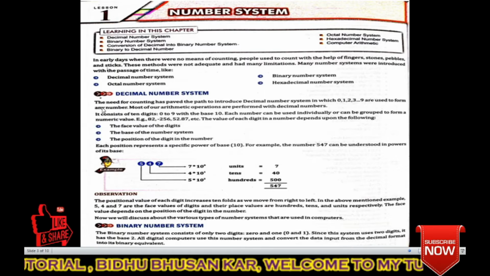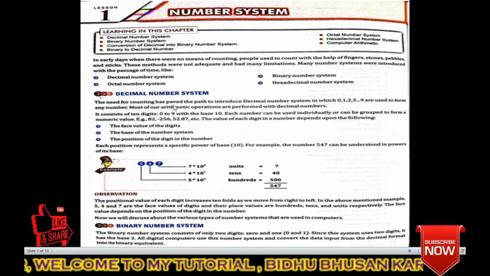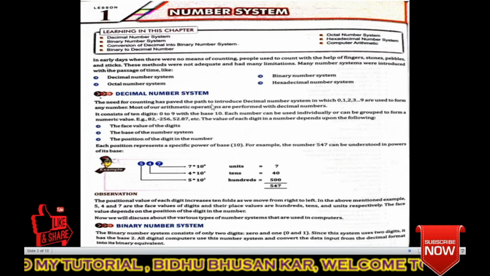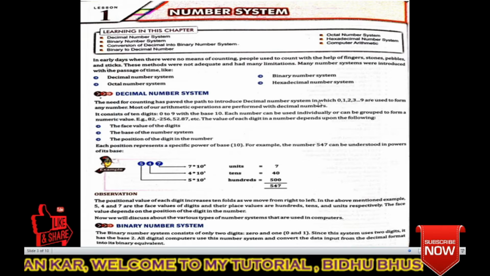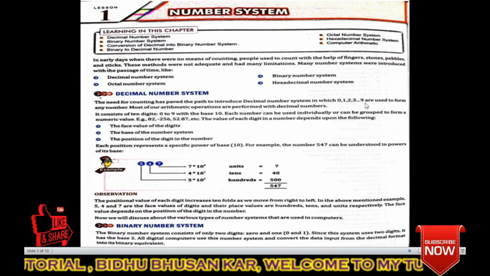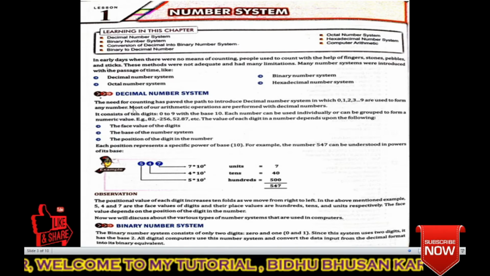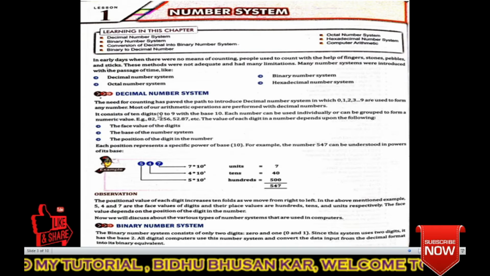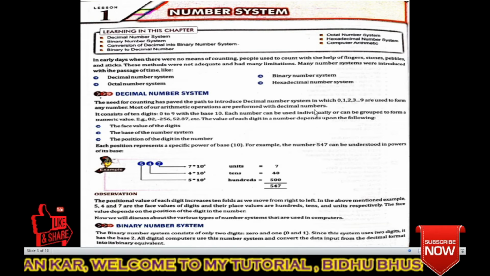So, the need for counting has paved the path to introduce decimal number system in which 0, 1, 2, 3 up to 9 are used to form any numbers. Most of our arithmetic operations are performed with the decimal number.